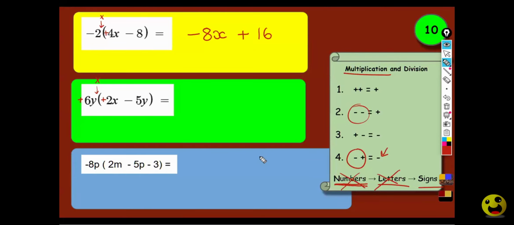Put in all the signs that are missing, that the examiner intentionally left out. They will leave it out. Okay. So at the end of the day, this is a multiplication question. So these are the rules that apply. Everyone inside the brackets gets multiplied, keyword, by the item outside.